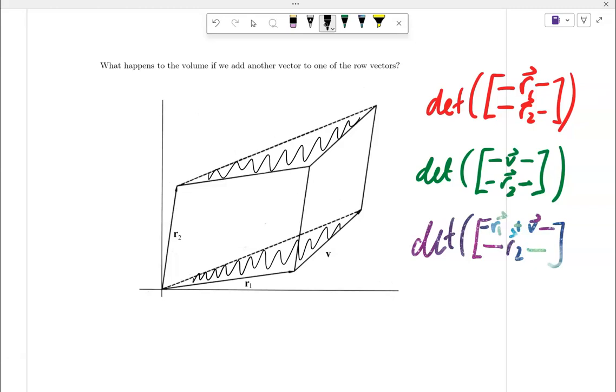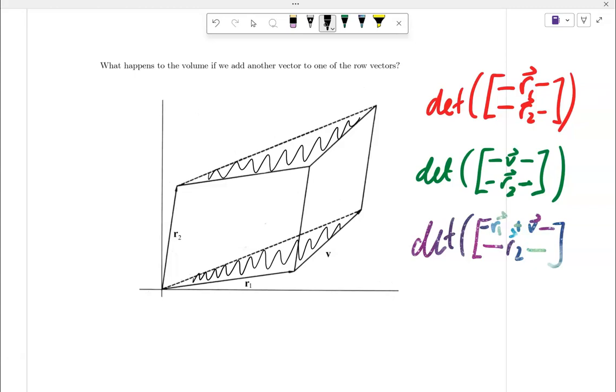Well, it contains that triangle, but this is that one, right? So using the fact that you just told me that these two things are equal to each other in terms of area, what can I say about the area of the parallelogram determined by R1 and R2 and the area of the parallelogram determined by V and R2 added together relative to the big parallelogram with the two dashed lines?